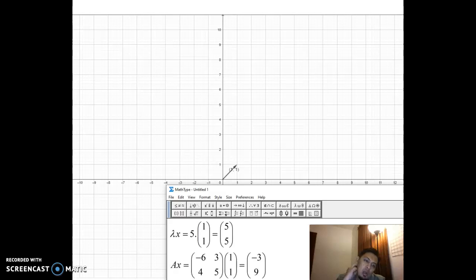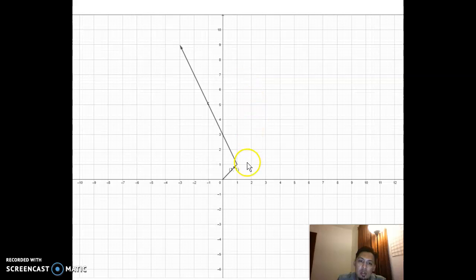Now I need to make sure that if this is the eigenvector for this matrix, this destination, this location, should be straight up ahead, on the same line, right? So let's see what actually happened when I multiply this. The line will be expanding, of course, but where does it expand to? Basically this is where -3, 9 is.